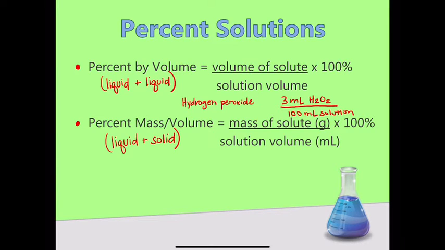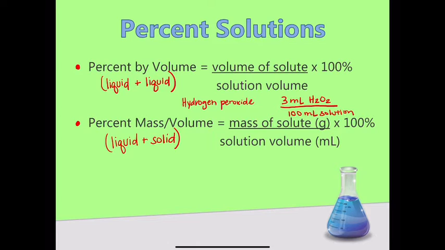It's very simple. Now, if you go to the hairdresser and they use hydrogen peroxide to highlight your hair, chemically lighten your hair, then that's going to be like a 30% hydrogen peroxide solution. So instead of 3 milliliters of hydrogen peroxide in 100 milliliters of solution, it's going to be 30 milliliters in 100 milliliters of solution.